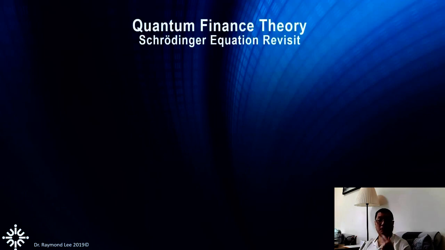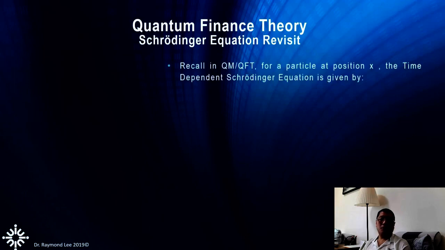This time we try to have a step-by-step formulation, and try to tell you why we have that kind of formulation. So recall when we talked about quantum mechanics and quantum field theory: for every single particle at position x, in fact, it's a displacement from what we call its stable state. As I always said in the last lecture, although it's x, it's different from the x in Newton's law of motion.